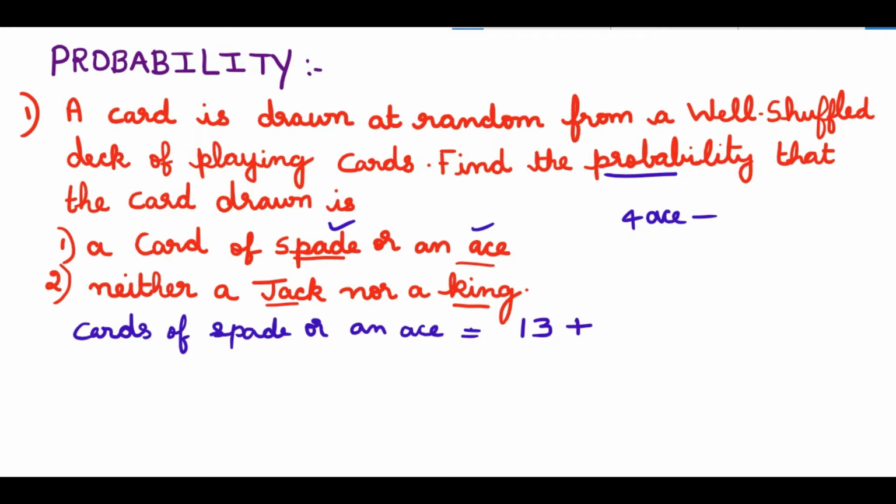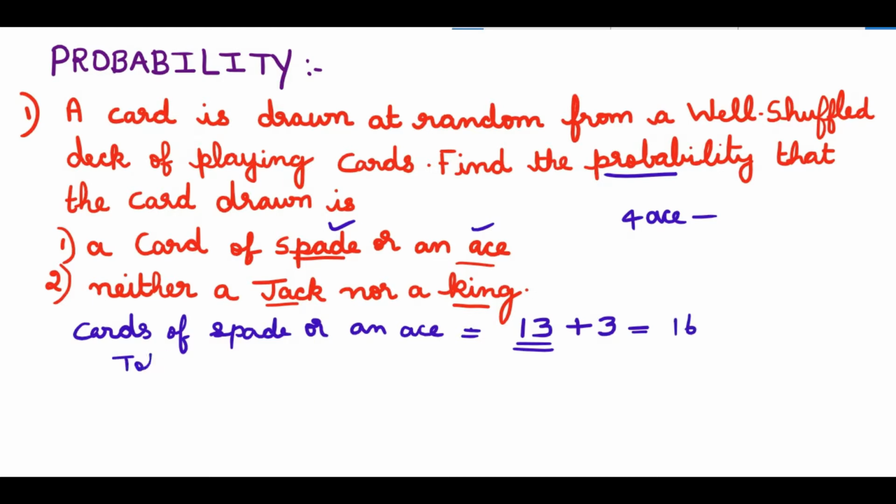But we have already taken all the cards from spade, so the remaining aces are 3. So the cards that are a spade or an ace total 16.